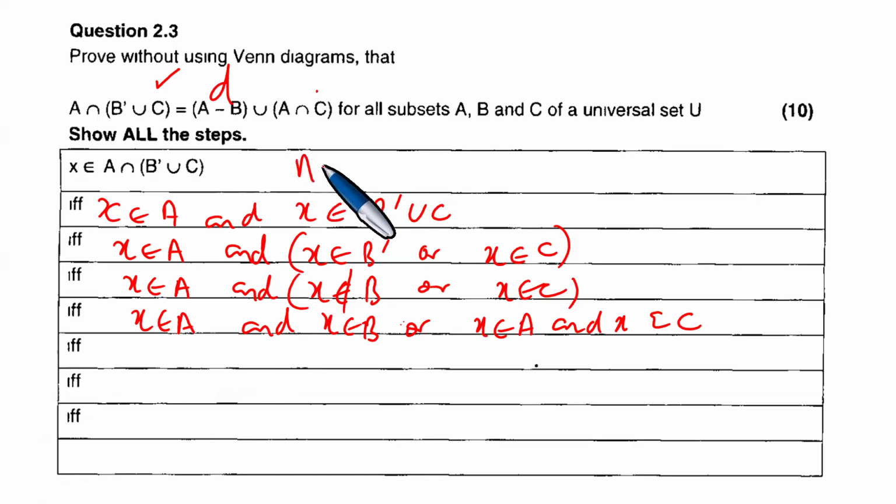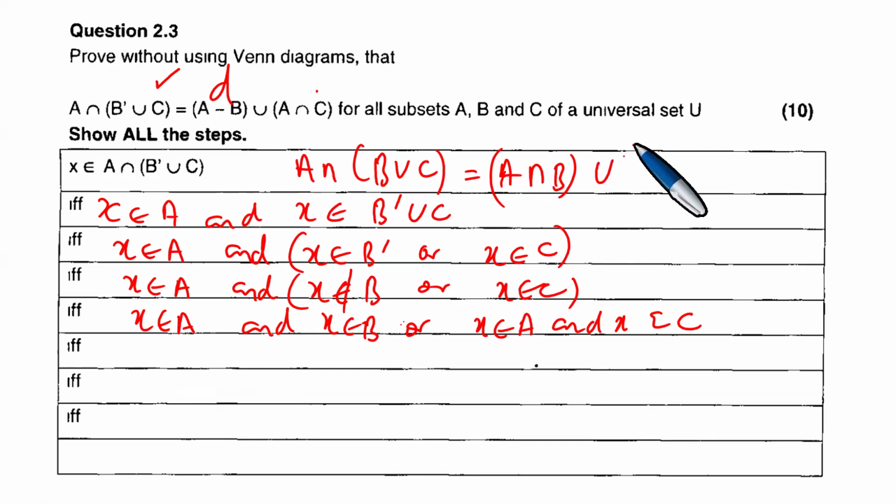So when you have A intersection (B or C), it is (A and B) union (A and C). So now, what is this? Right, so you have the following.